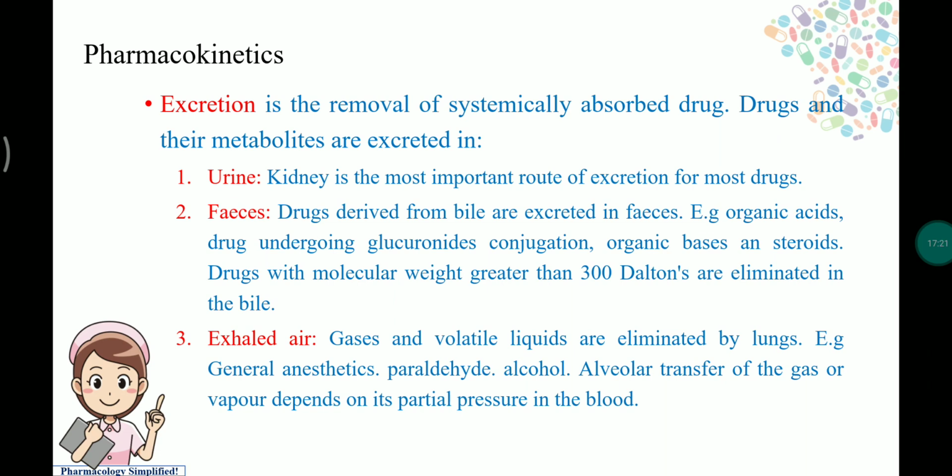Drugs derived from bile are excreted in feces. Example, organic acids undergoing glucuronidation, conjugation. They have more than 300 daltons in molecular weight and are eliminated in bile.